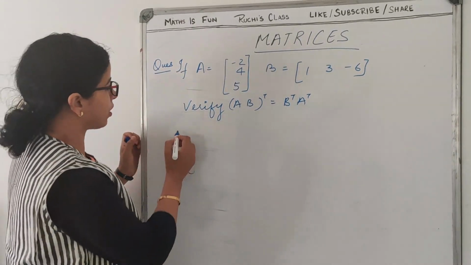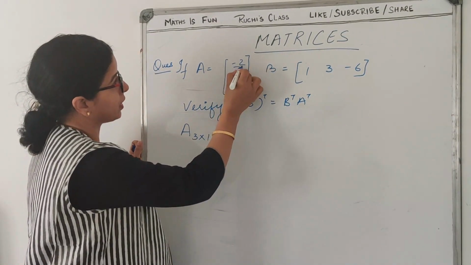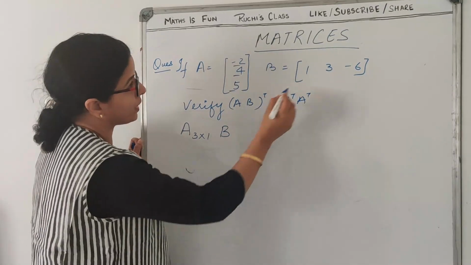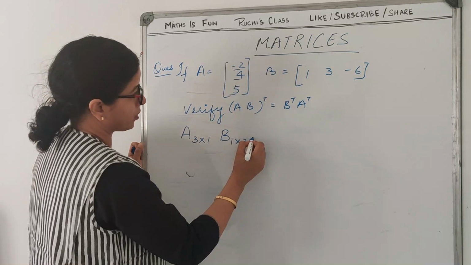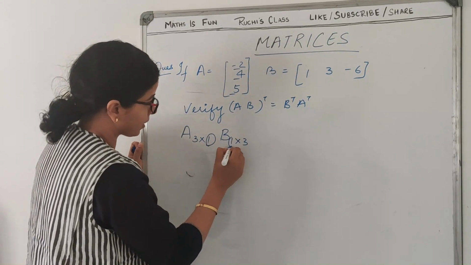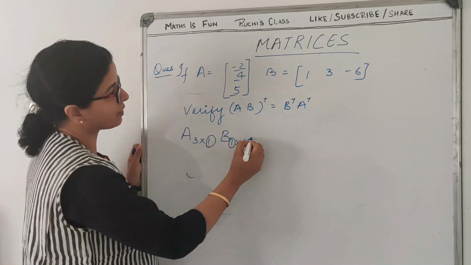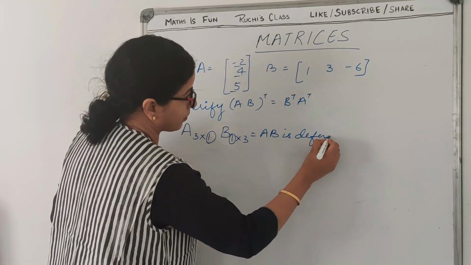So for that, what is the order of the matrix A? 3 cross 1, 3 rows and 1 column, right? What is the order of B? 1 row, 1 cross 3. So it means your number of columns of A is equal to the number of rows of B. So AB is defined.